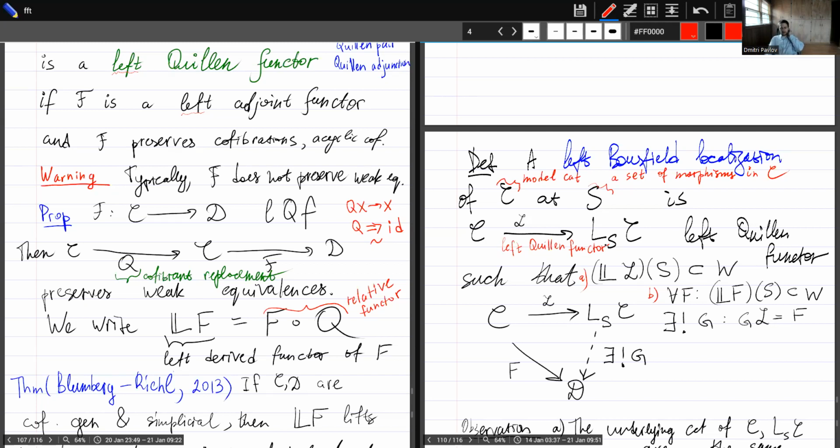And in this case, this functor actually will preserve all weak equivalences for the very simple reason that cofibrations will be preserved, and cofibrant objects will be preserved.